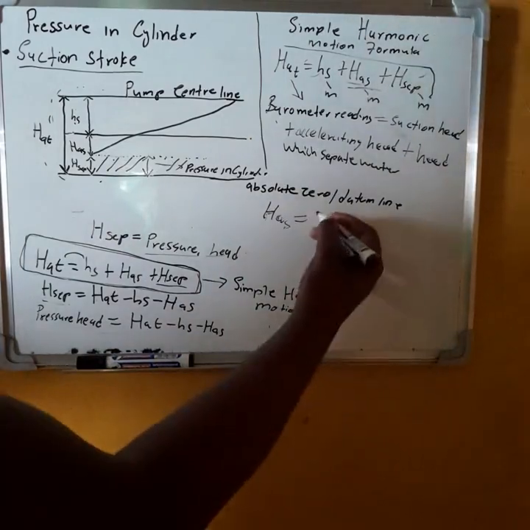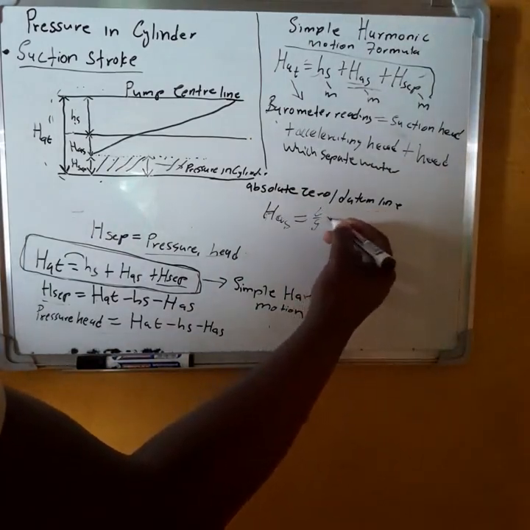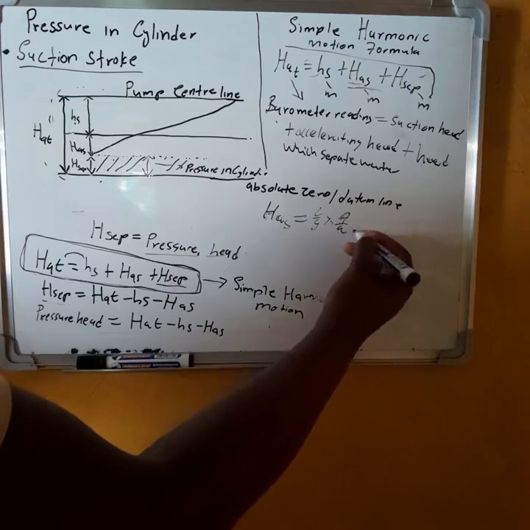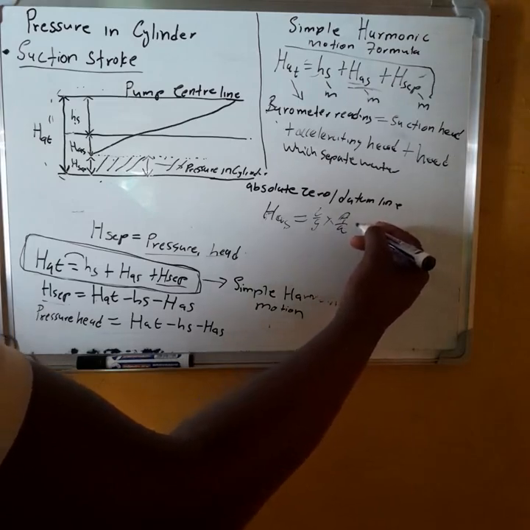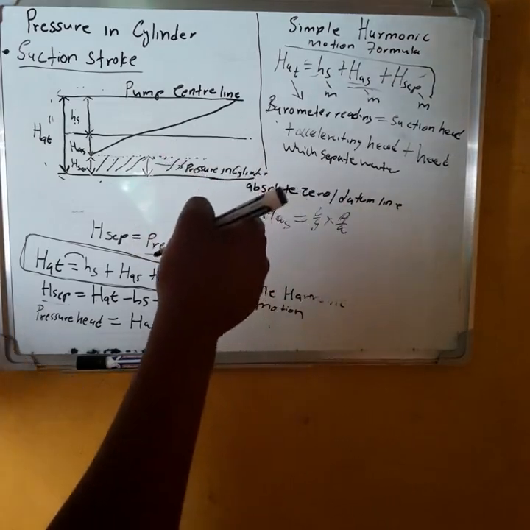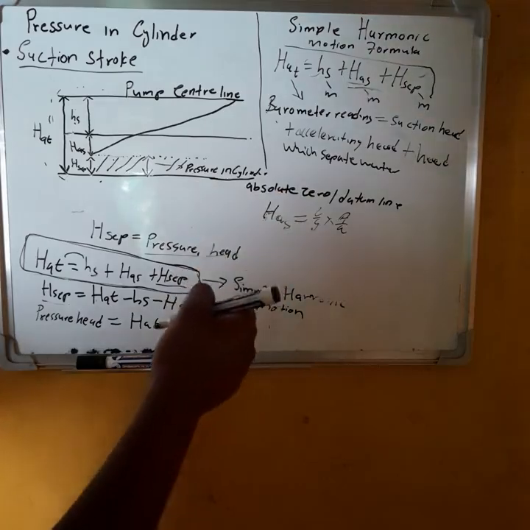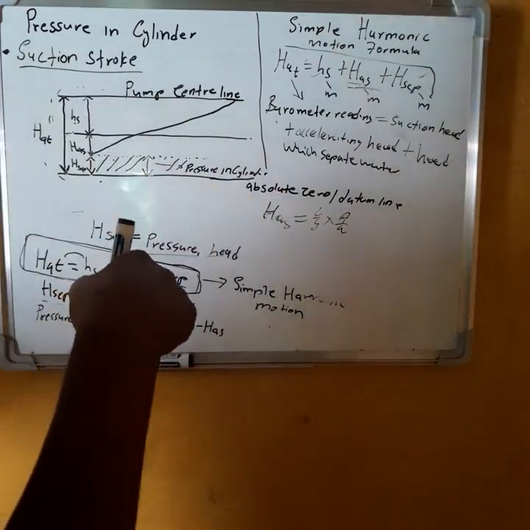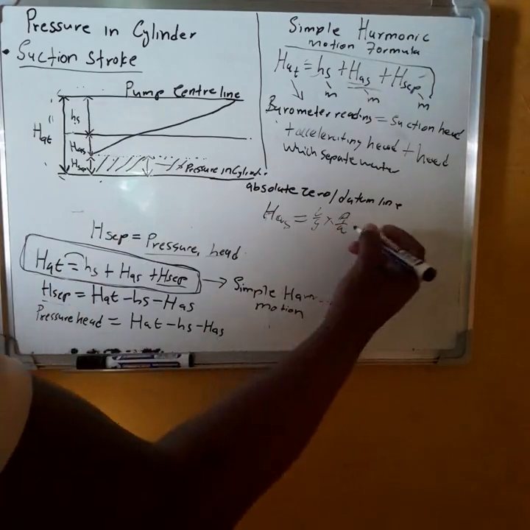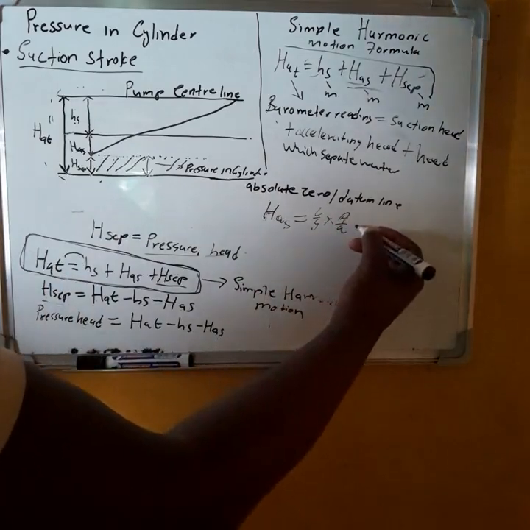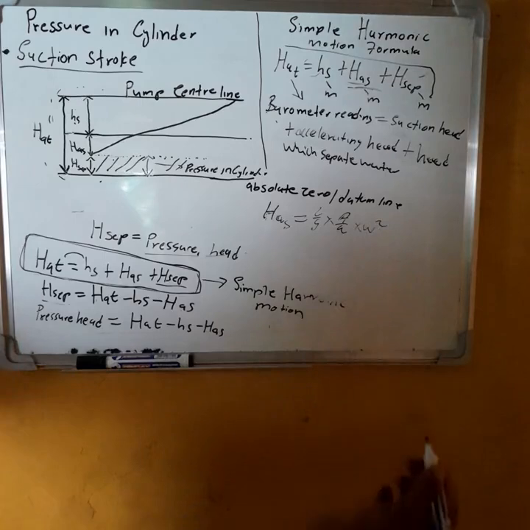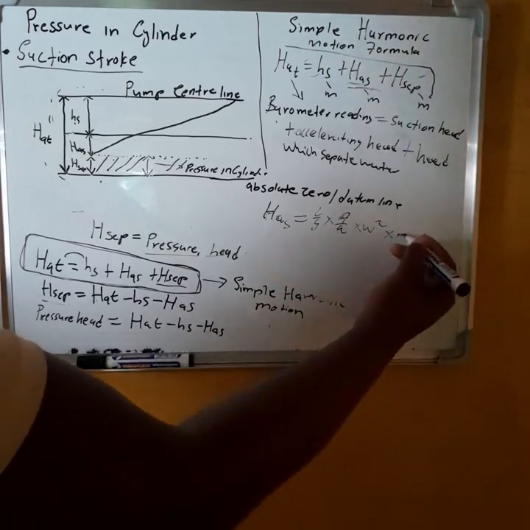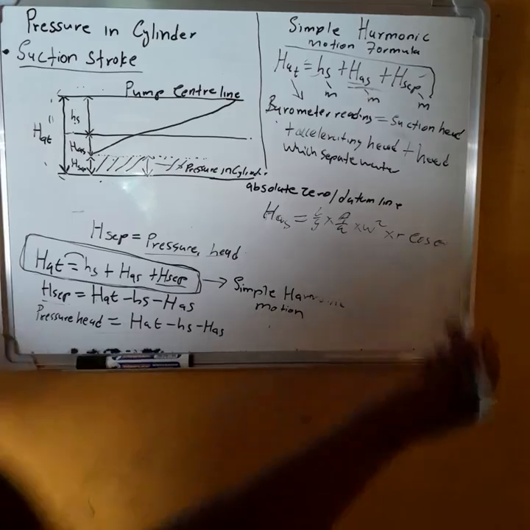Why is it useful? L over G multiplied by area over small area, right? But now we suppose that it's an area over that area, right? Then you must multiply this by angular velocity squared multiplied by r cos theta, right?